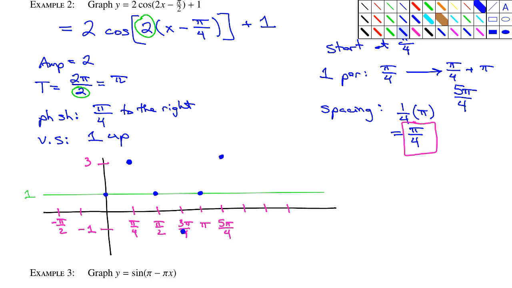So we're going to have the median, the minimum, the median. Looks like I'm going to need one more point. I'll put that one right here. And then you connect this to form the sinusoid. Looks good.